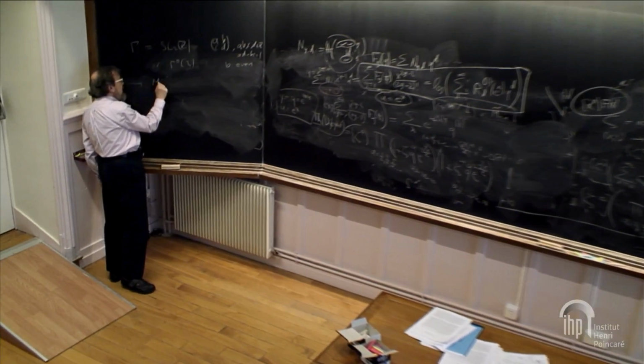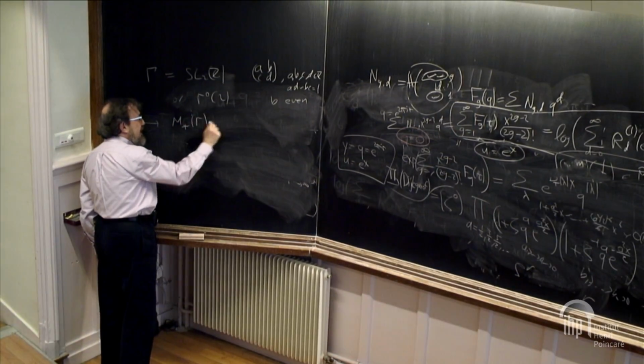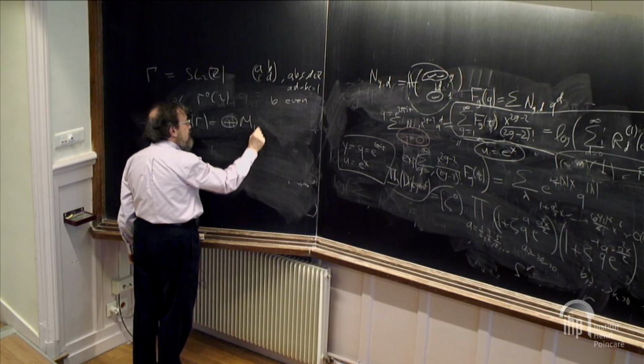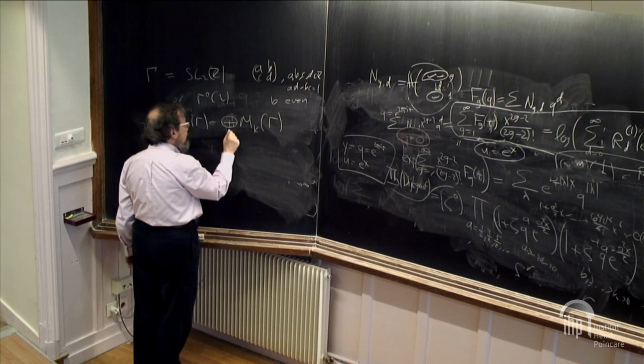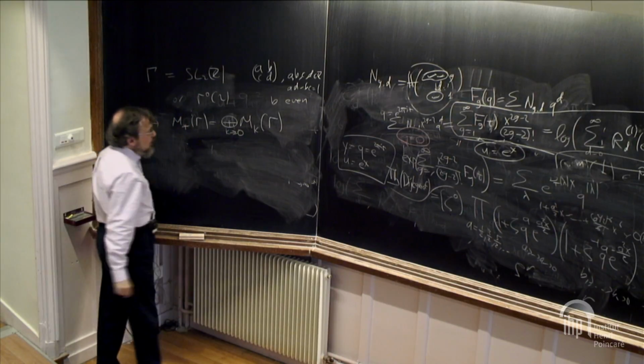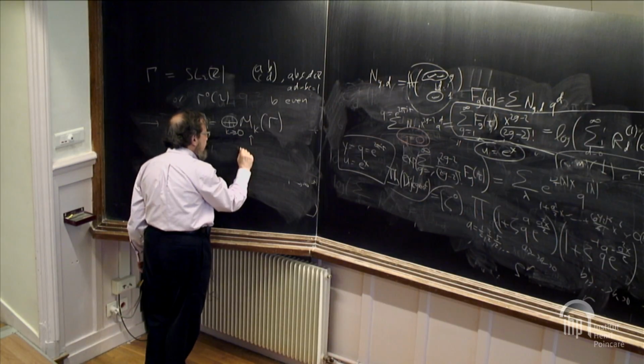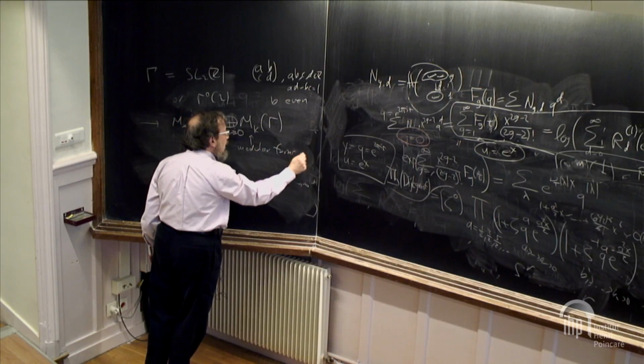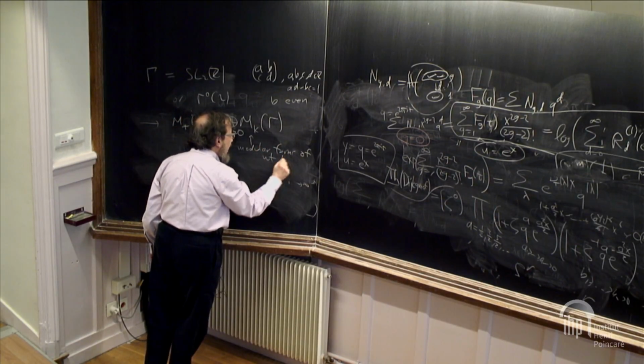And then you associate to it the ring M star of gamma, which is the direct sum of the vector spaces Mk of gamma. And these are modular forms of weight k on gamma.